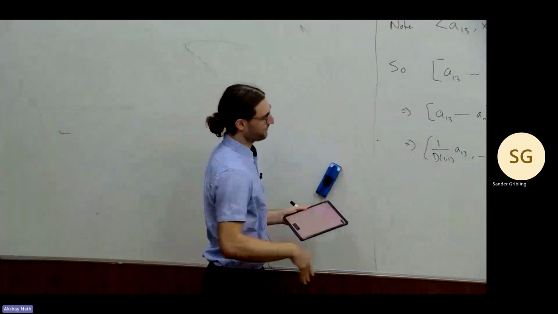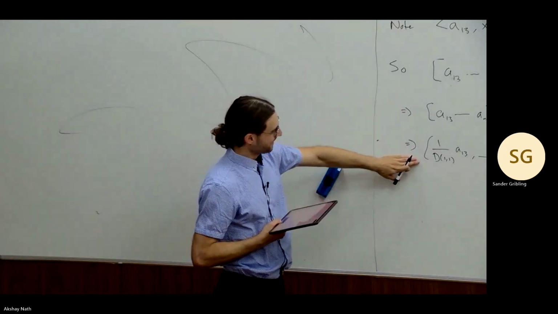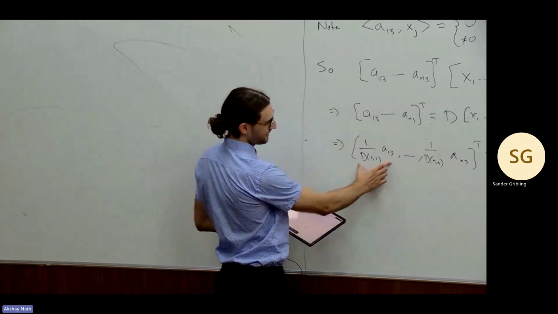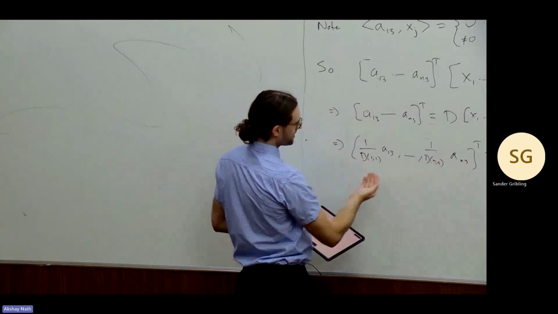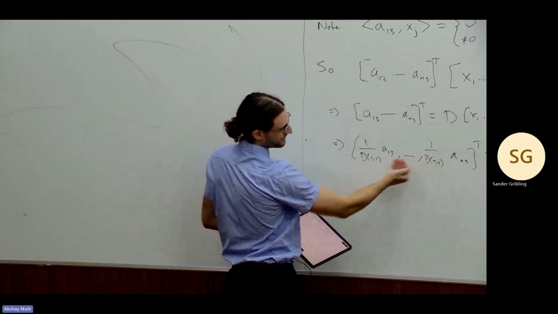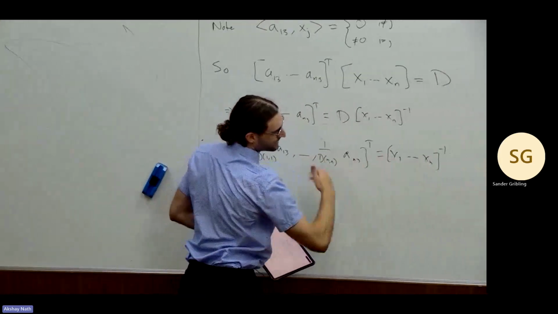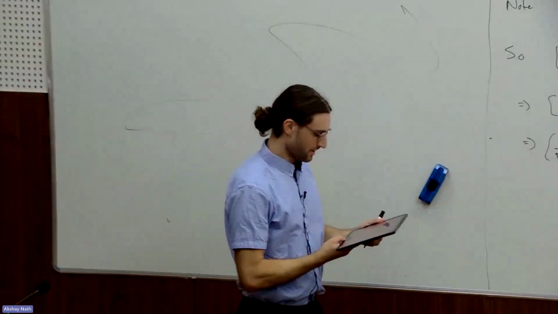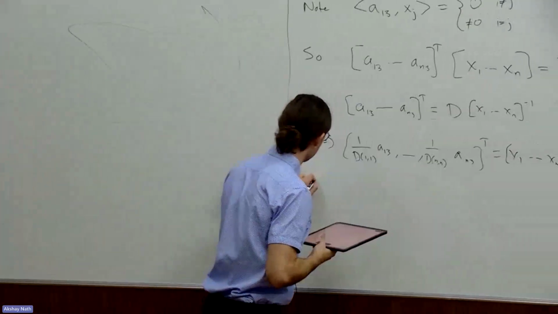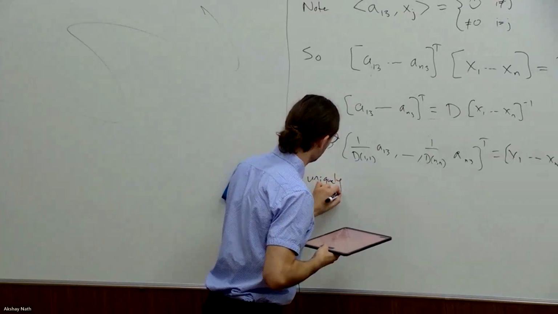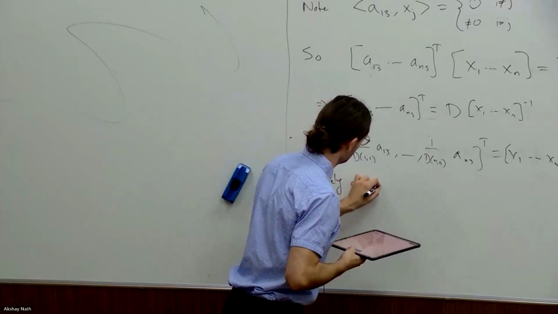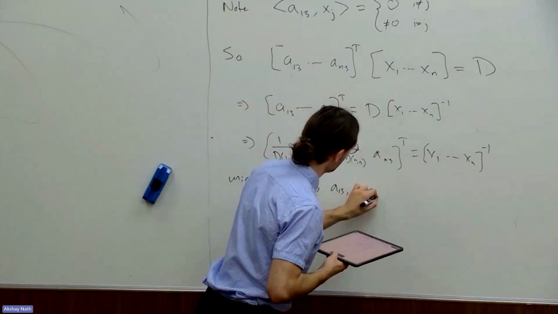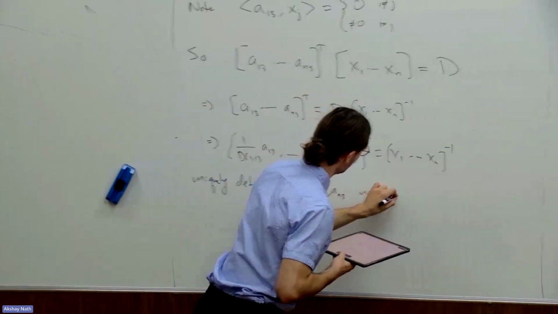Just manipulating this, this actually uniquely determines these vectors A_13 through A_n3 up to scale, because we know these eigenvectors; algorithmically we found these eigenvectors. So this uniquely determines A_13 through A_n3 up to scale.